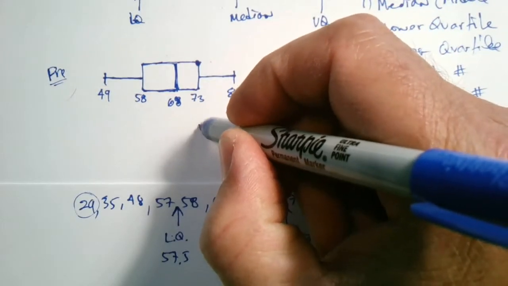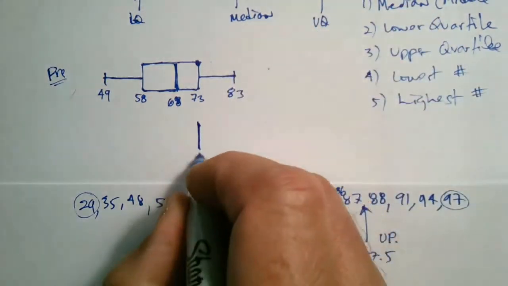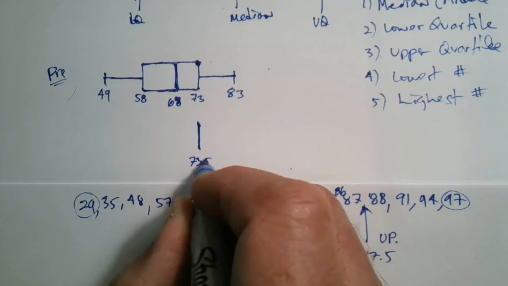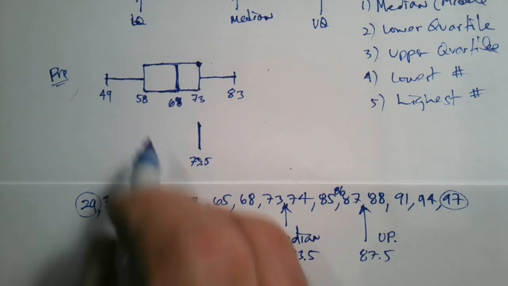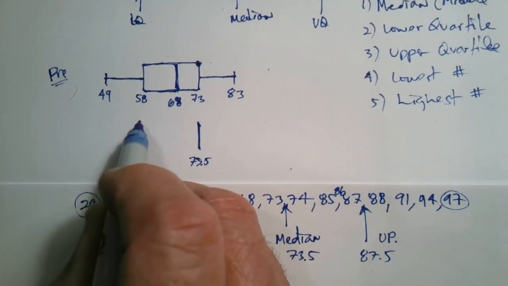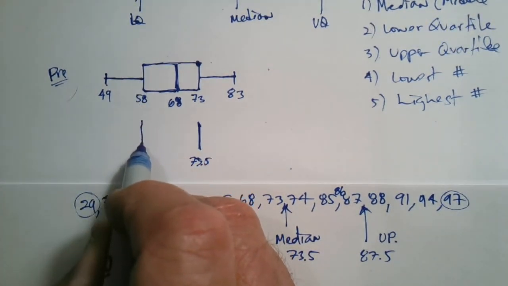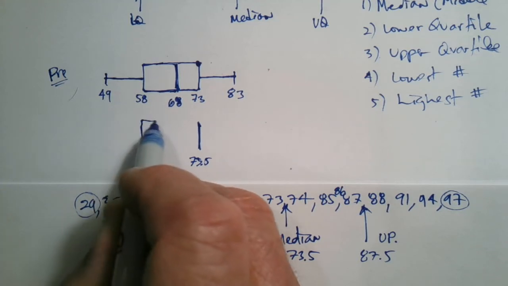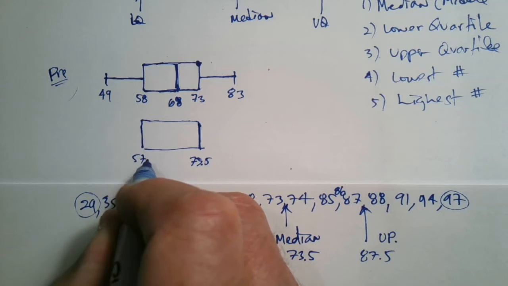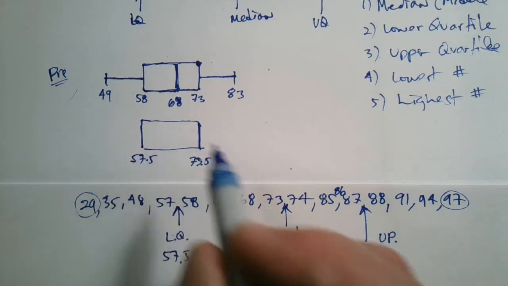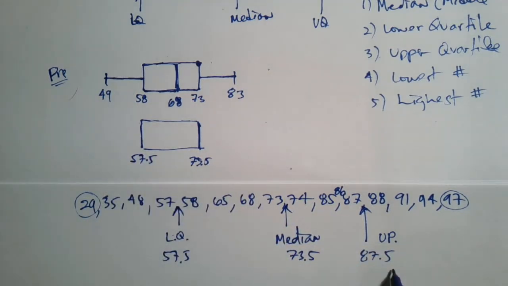So I want this now to be my median at 73.5, just a little bit above. And then my lower quartile was 57.5. Well, this was 58, so 57.5 is just right below that. So that is my lower quartile, 57.5. My upper quartile is 87.5.